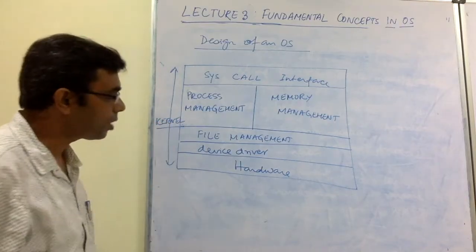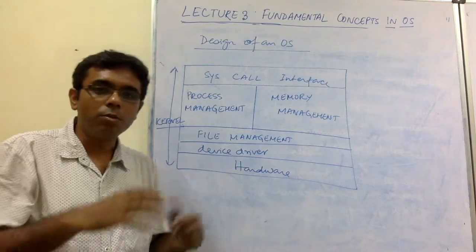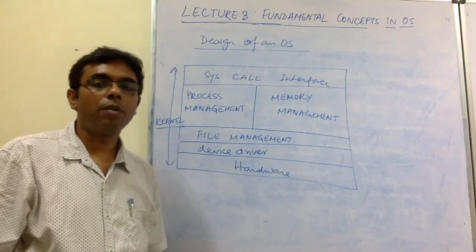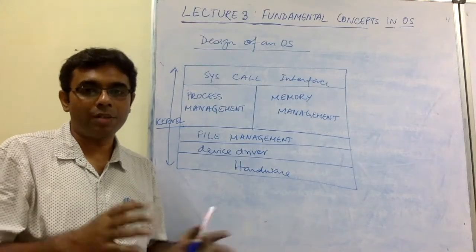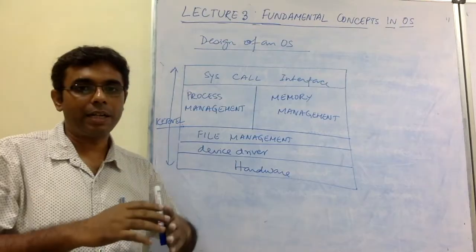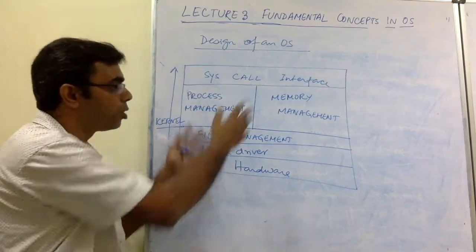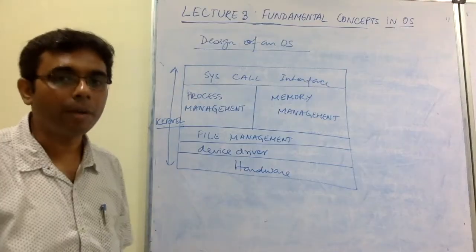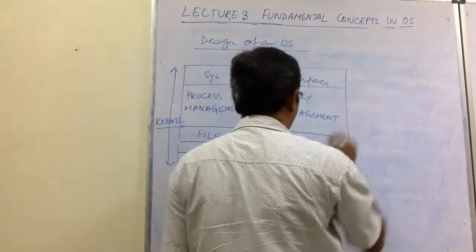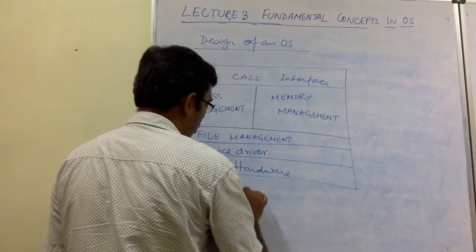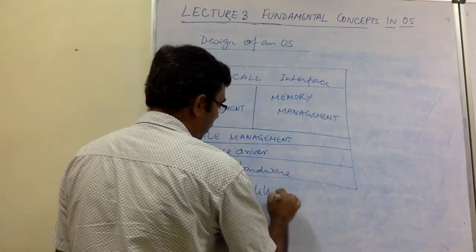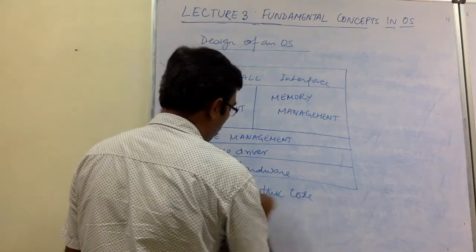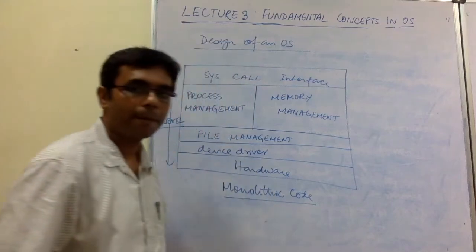Now, if all these modules are part of a single code, one single code that contains all these modules, such an OS that you develop is called a monolithic OS. One big code that contains all the modules.